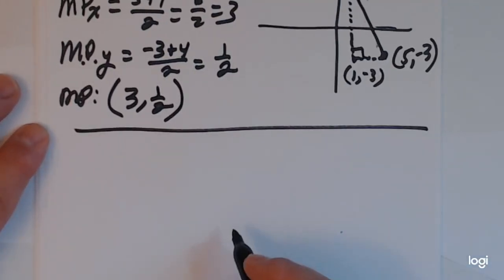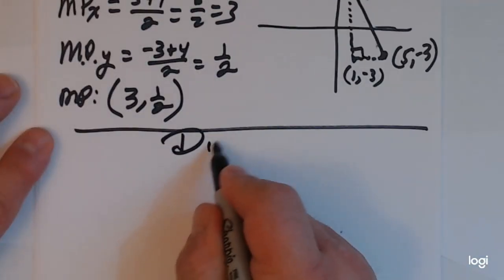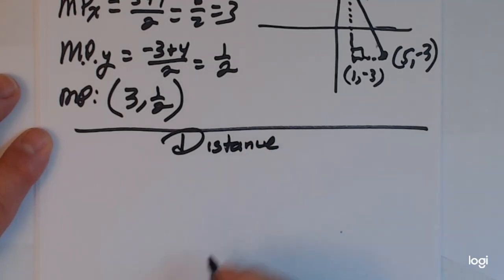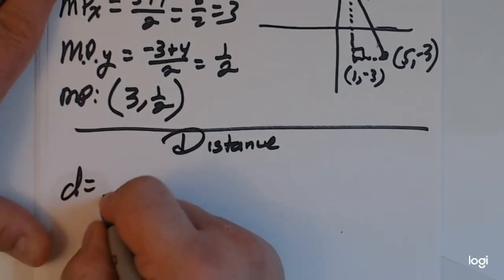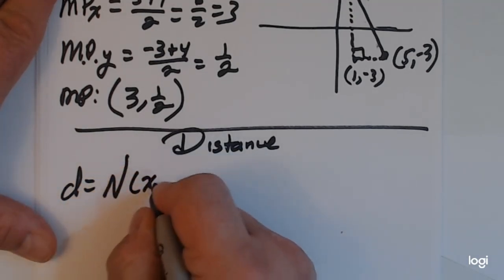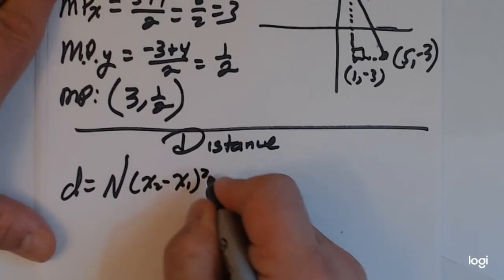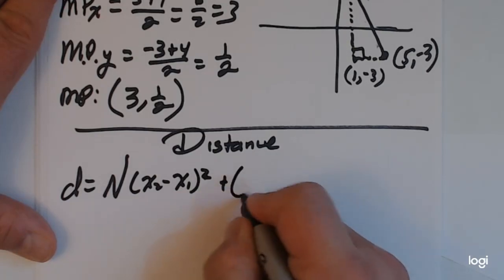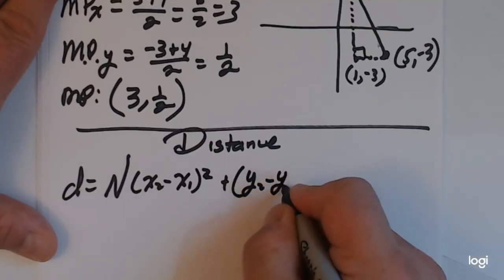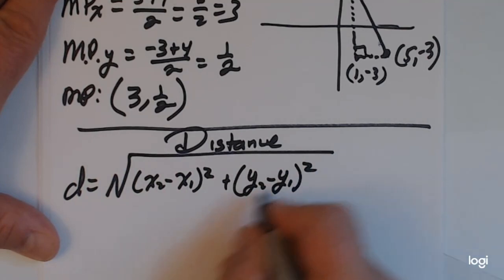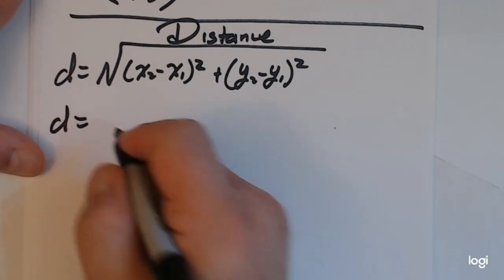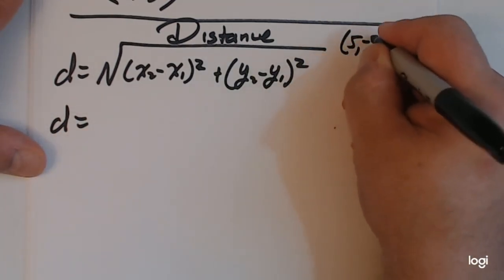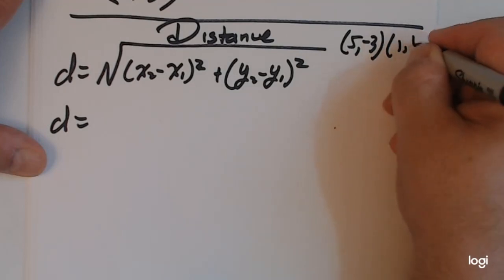Okay, now let's find the distance. So d is equal to the square root of x sub 2 minus x sub 1 squared plus y sub 2 minus y sub 1 squared. Well, the 2 points are 5 comma negative 3 and 1 comma 4.